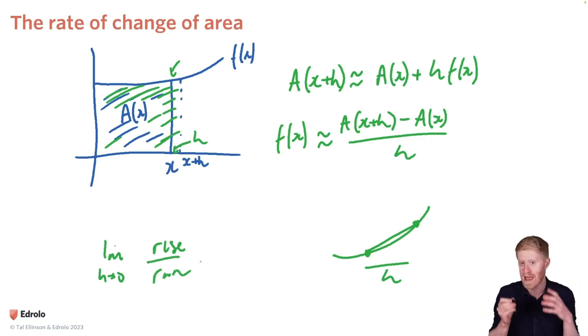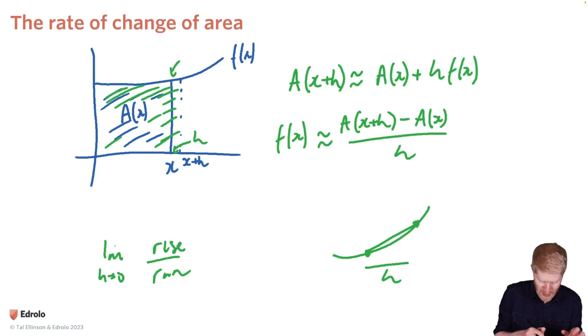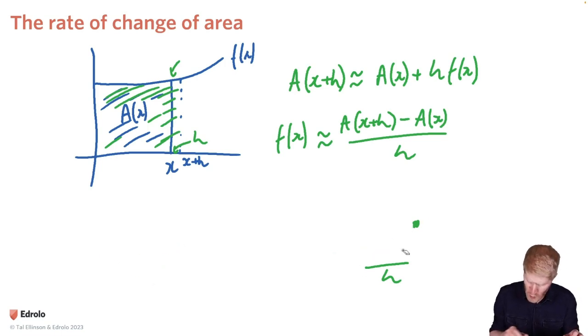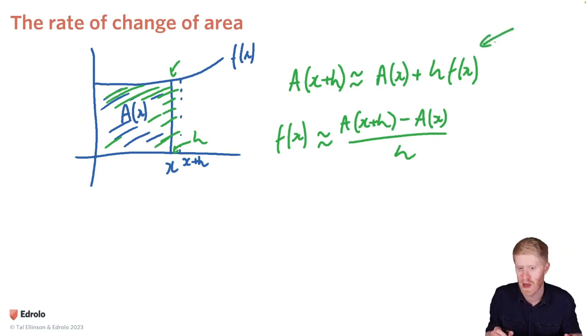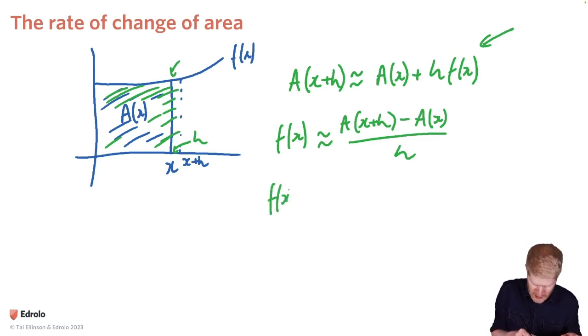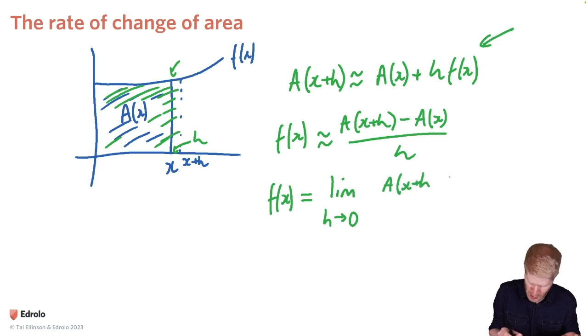We say that thing is going to become true as we take the limit as h approaches 0. We're going to do the same thing over here. Let h approach 0, and as h approaches 0, this statement is going to become not just approximately equal, but perfectly true. So f of x will be equal to the limit as h approaches 0 of this expression.